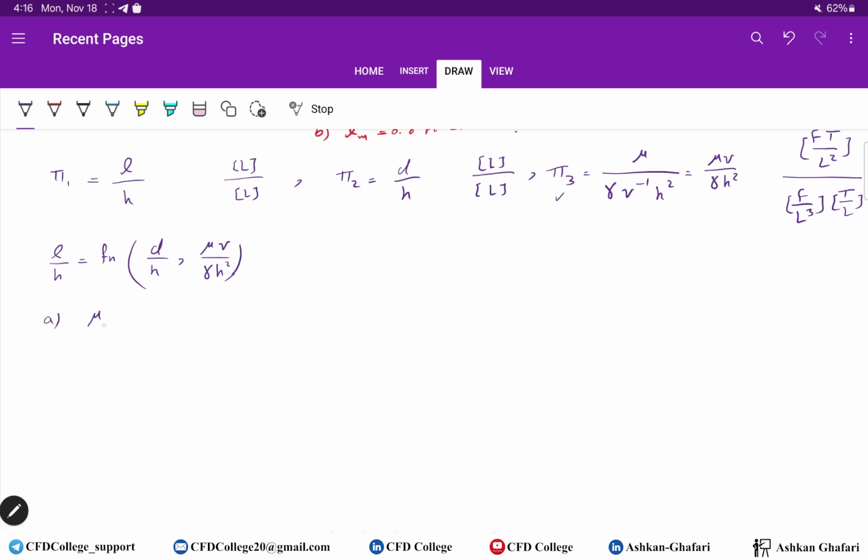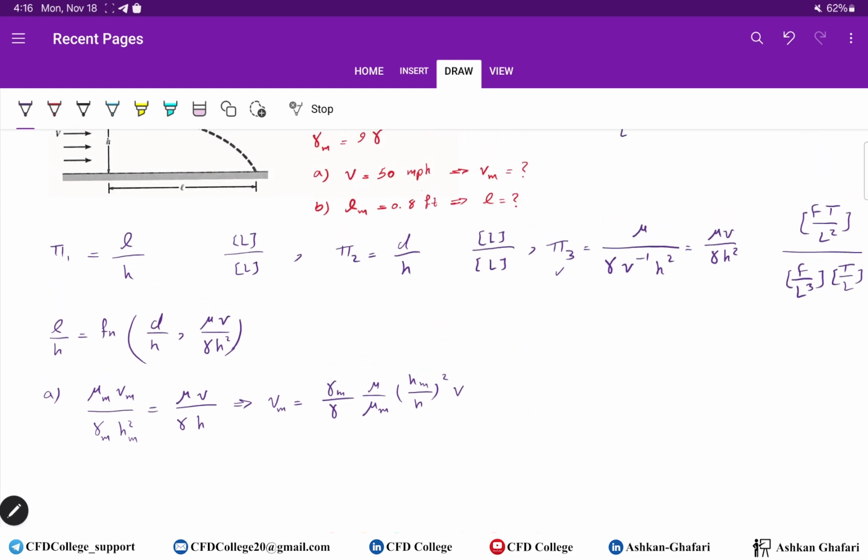So mu m Vm over gamma m Hm square equals mu V over gamma H square for the prototype. So Vm equals gamma m over gamma, times mu over mu m, times Hm over H square, times velocity.